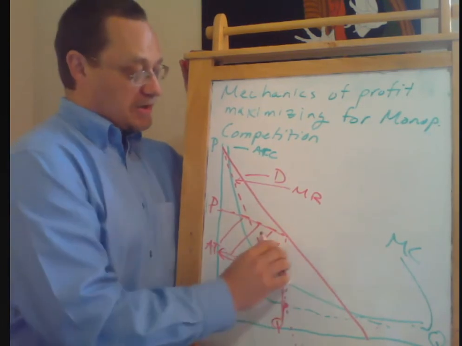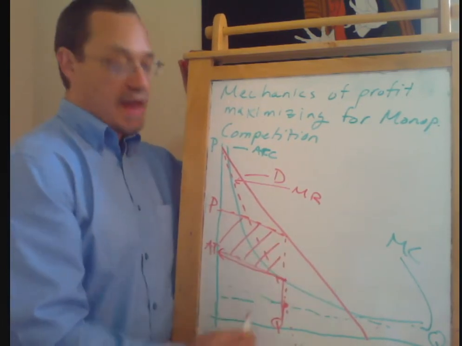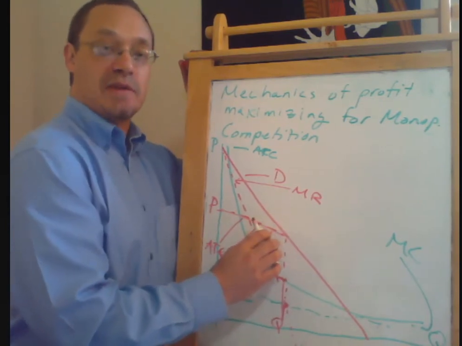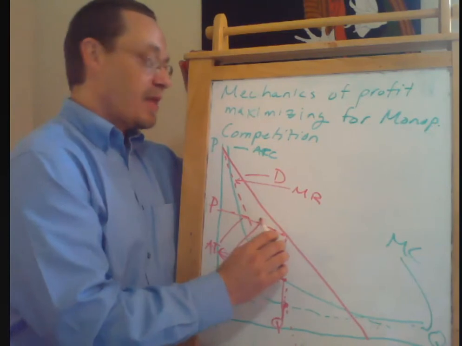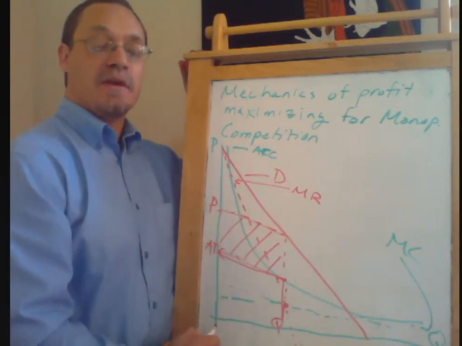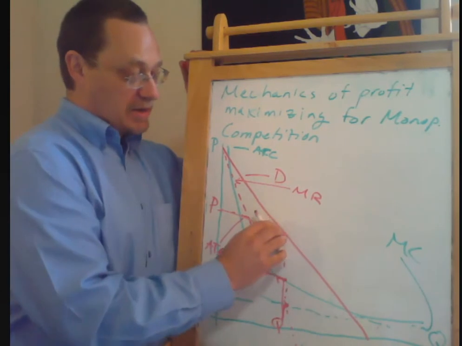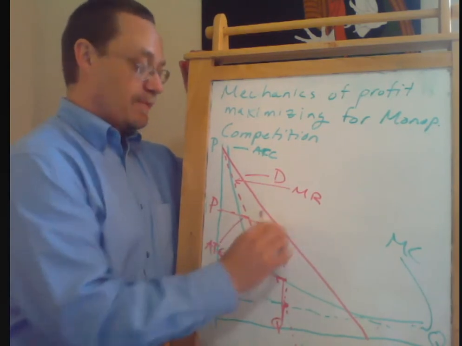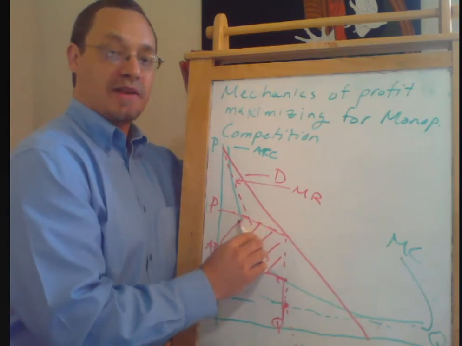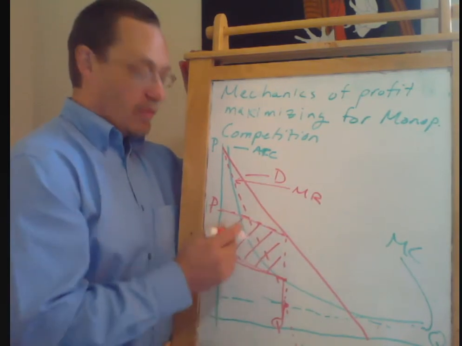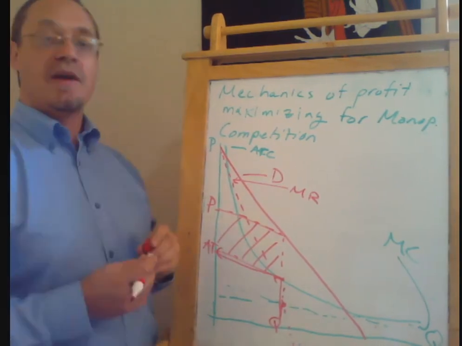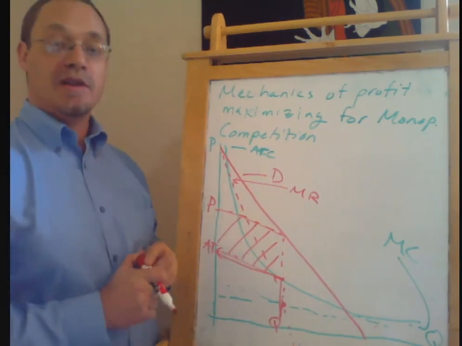And as long as there are economic profits being made, other firms are going to see those profits and want to get into that industry, and that's going to keep on pushing the demand curve to the left. So eventually, as the demand falls and falls, this firm is going to sell less and at a lower price, and then eventually we're going to end up with this firm not making a profit. So let me go ahead and show you what the long run equilibrium is.